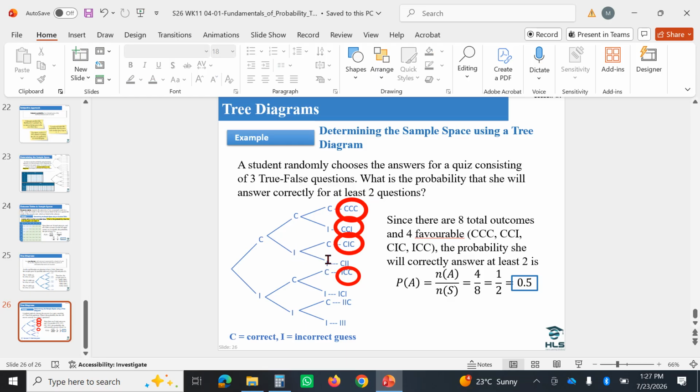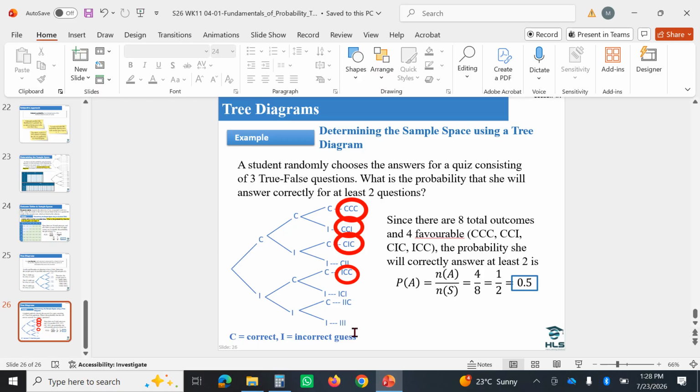So this one, you'd have 2 wrong and 1 right. And the question is asking, what is the probability that she will get at least 2 questions correct? Well, the question is asking you to go through all of your different possible outcomes and pull out and calculate the probability that they have at least 2 correct answers.